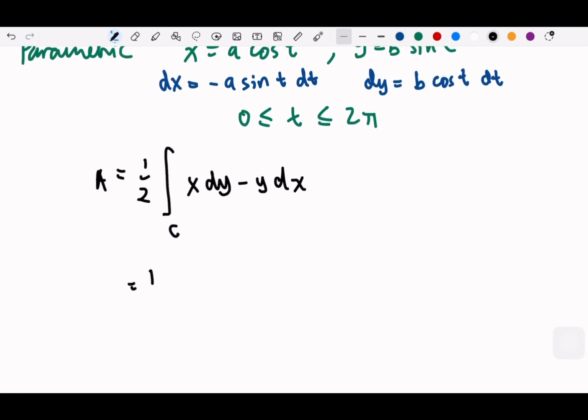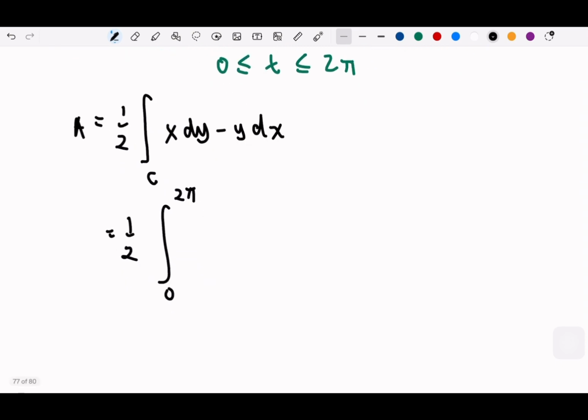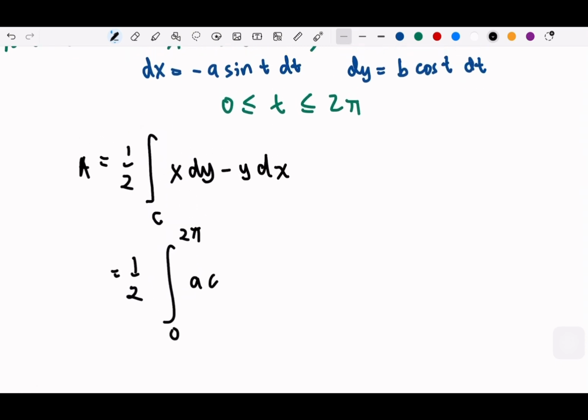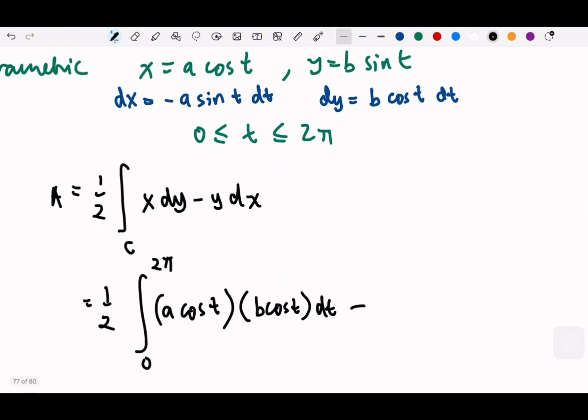So this will be half, and since t is from 0 to 2 pi, that is our curve. x is a cosine t, and dy is b cosine t dt, minus y, which is b sine t, and dx is negative a sine t dt.